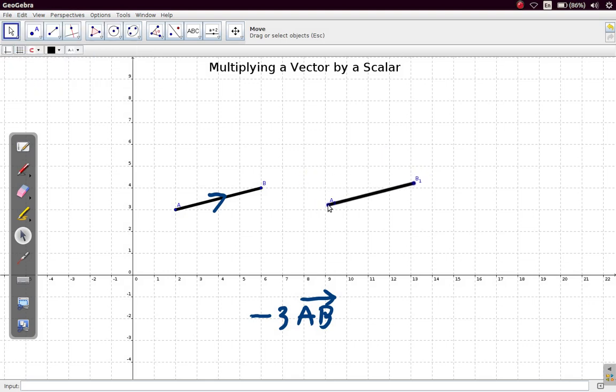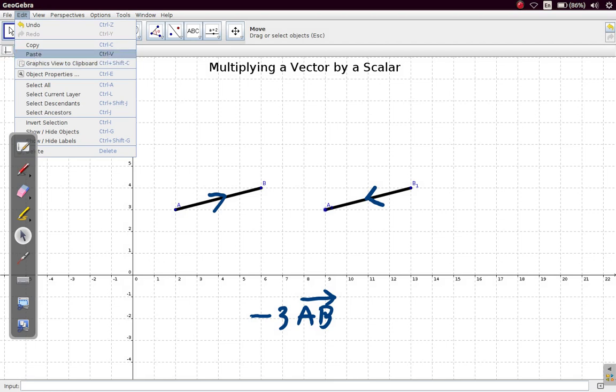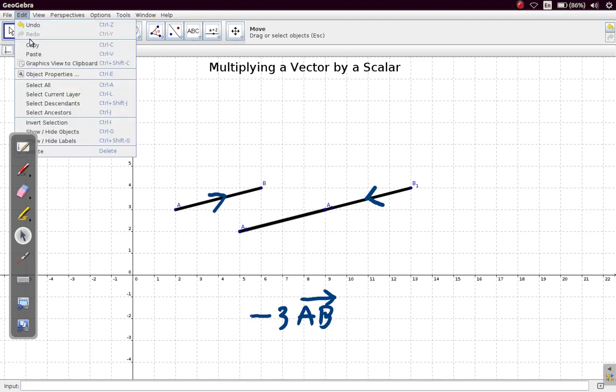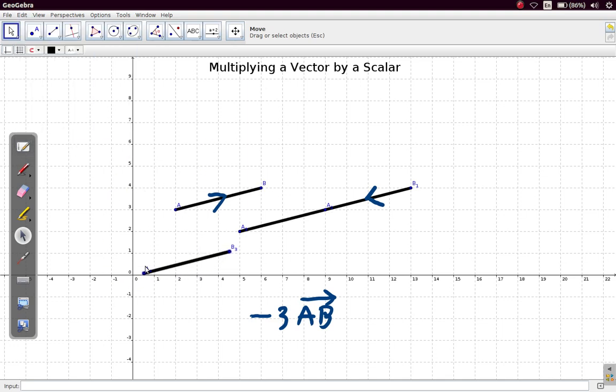Now, this was AB. Negative 1AB would look like this, but it is negative 3AB that I want. So, what I do is paste again. But this is negative 2AB. It is twice as long as AB in the opposite direction. So what I need to do is do that again.